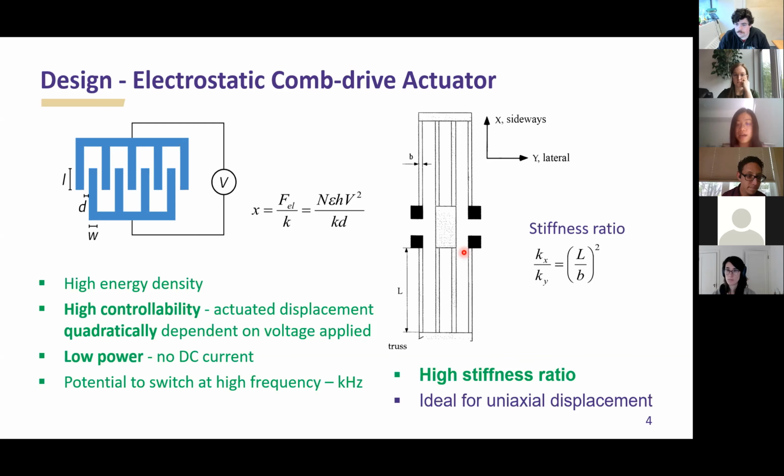For the compliant suspension structure, we need to design it to displace the actuator along the x direction, which shows the folded flexure. This is called a folded flexure structure, giving a very high stiffness ratio between the undesirable direction, which is y, and the desirable direction, which is x. So it gives us a very mechanically stable structure for uniaxial displacement along the x direction.